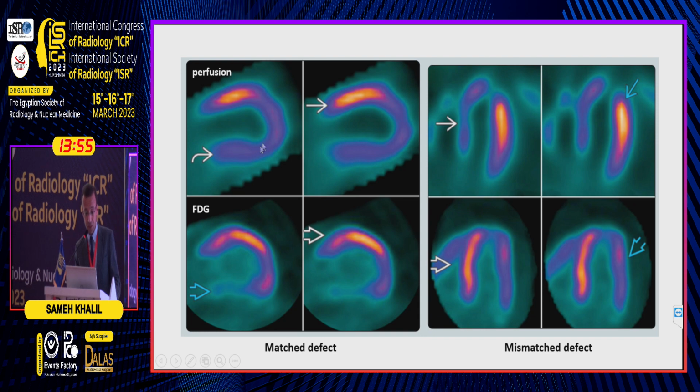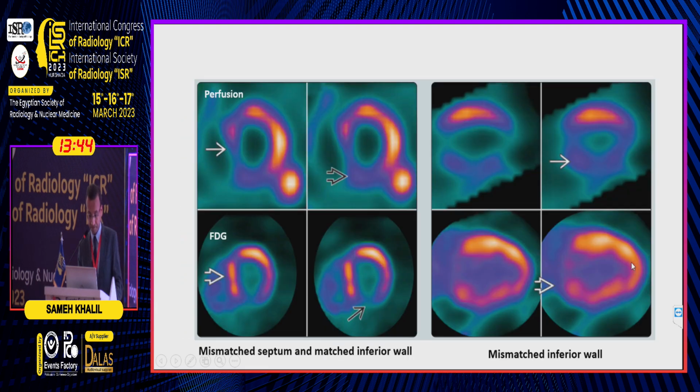Again, this is the matched defect in the RCA distribution, and a mismatched defect in the LCX distribution. Or combined three-vessel disease, we have a perfusion defect in the LAD, in the interventricular septum, which is corrected in the FDG study, while we have a fixed defect in the RCA distribution.